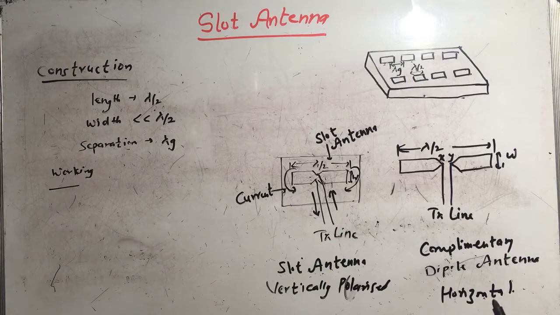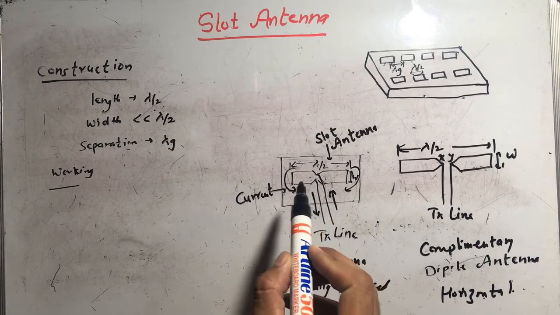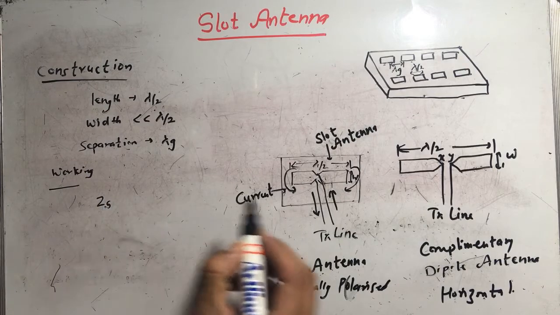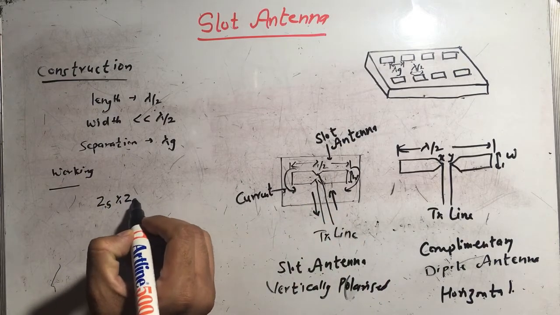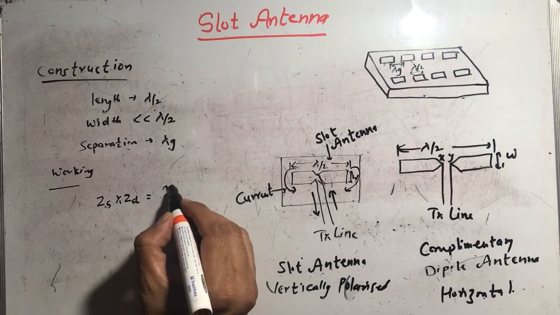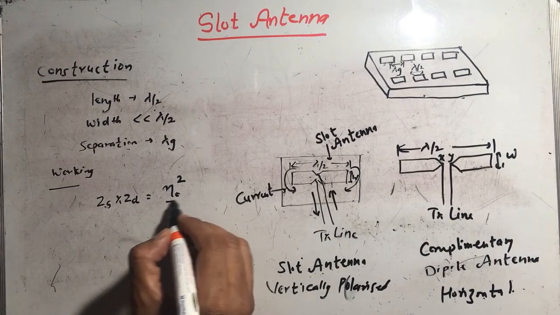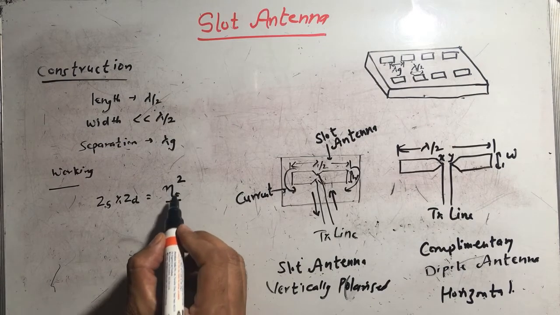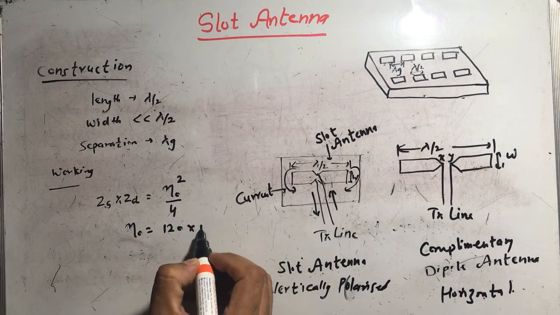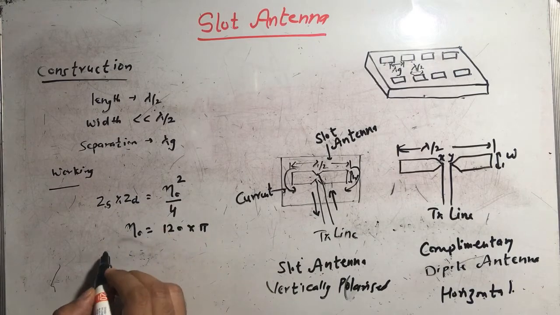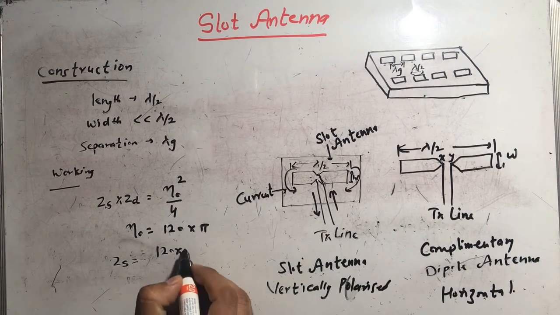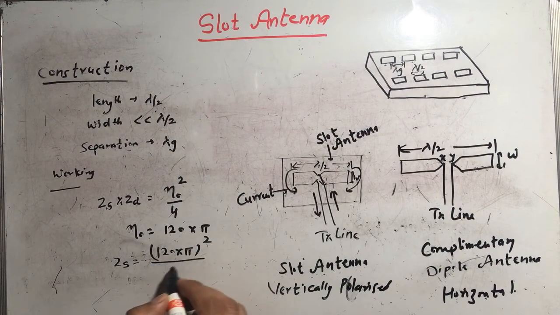Also, the terminal impedances ZS and ZD are related as follows: if ZS is the terminal impedance of the slot and ZD is the terminal impedance of the dipole, then ZS times ZD equals eta naught square by 4, where eta naught is the intrinsic impedance of free space and its value is 120 pi.